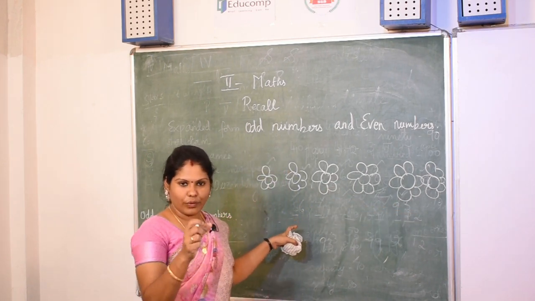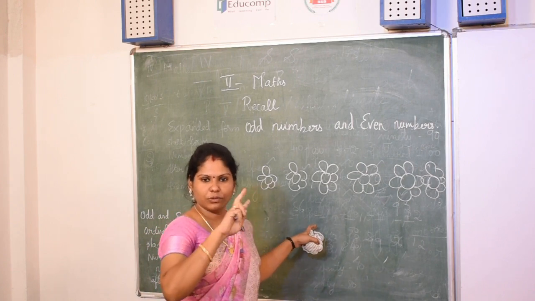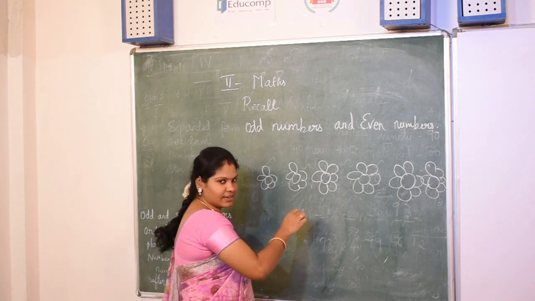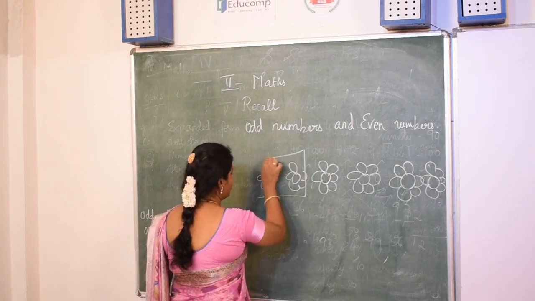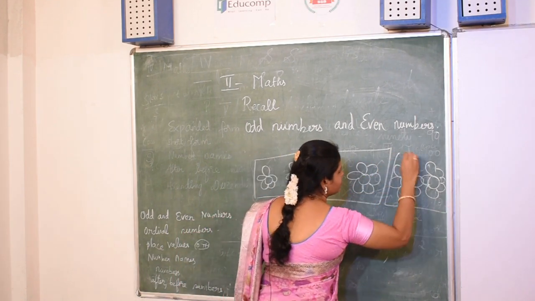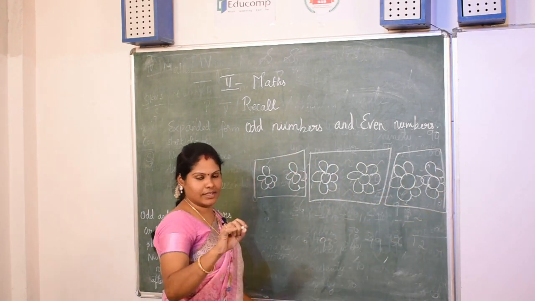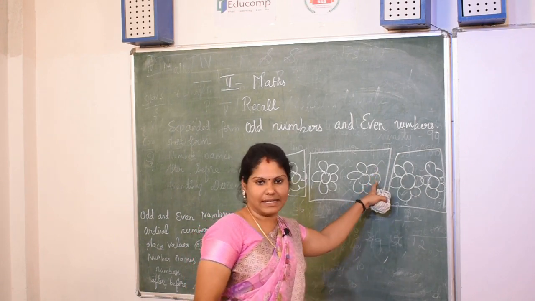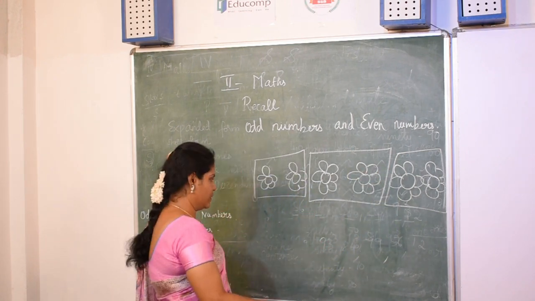Now I am going to divide the flowers into pairs. As I have told, what is a pair? Two. So can we start dividing into pairs? 1 2, 1 2, 1 2. So if a thing or a number can be divided into pairs, then it is called an even number.